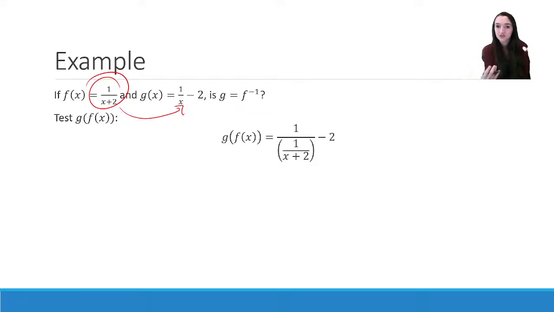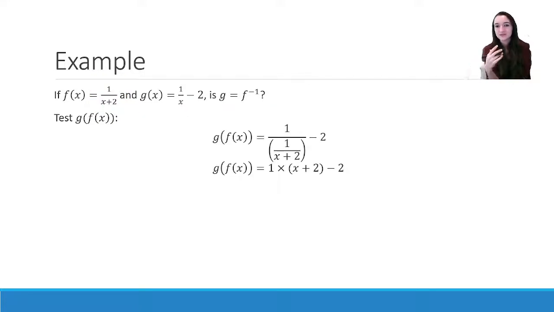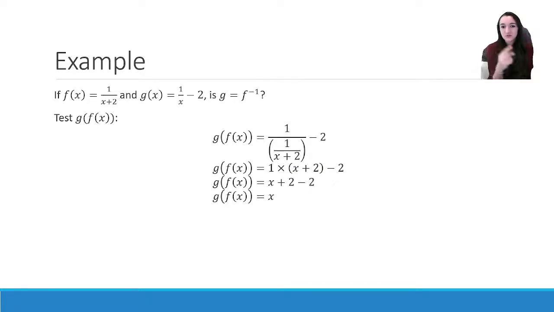So it's multiplication by its reciprocal. So that's going to simplify to 1 times x plus 2, or in other words, 1 times x plus 2 over 1, minus 2. Then I simplify a little bit further to add that 2 to the negative 2 together, those cancel out, and I just get x.